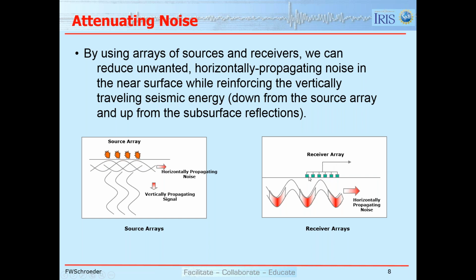Similarly, with the receivers, there's a lot of science that goes into how to design receiver arrays. Here we have 1, 2, 3, 4, 5, 6 receivers, but they're coupled to give one response at the central location. Again, we want to cancel out the horizontally propagating energy and enhance the vertical energy coming up as reflected energy from the subsurface.